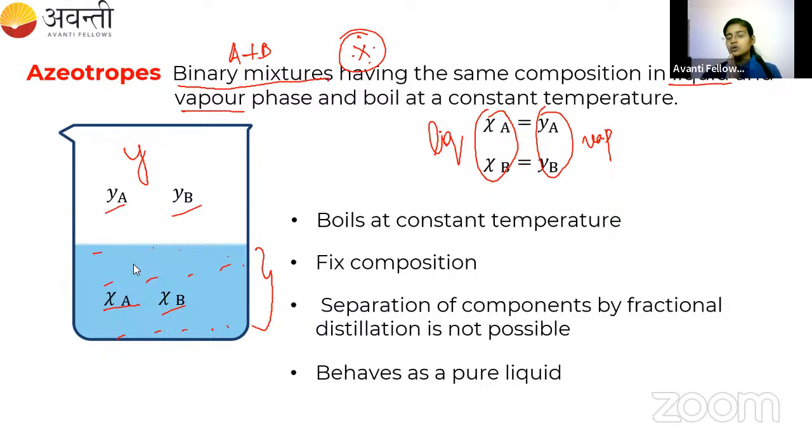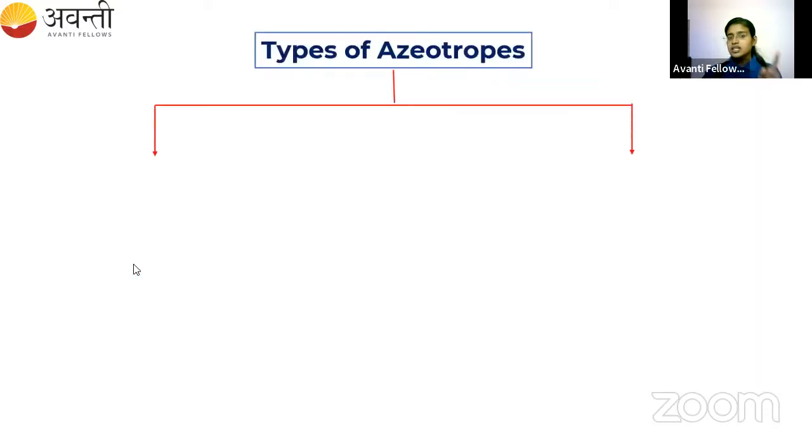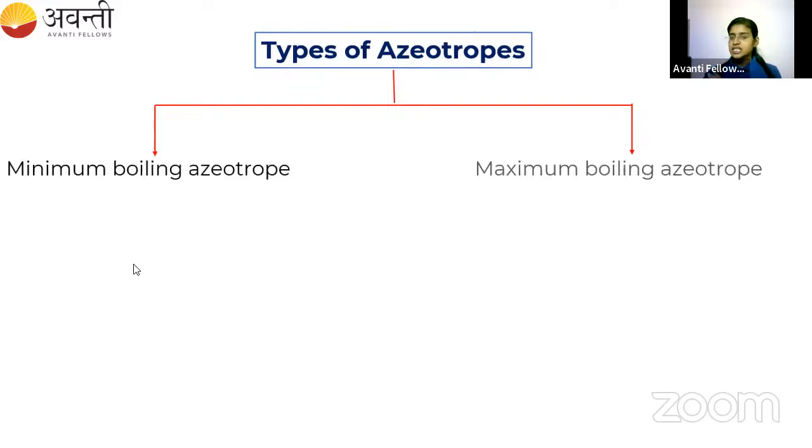Okay, students. Now, this azeotropic mixture is again classified into two, means we have two types of azeotropes. One is called minimum boiling azeotrope and the other one is called maximum boiling azeotrope. So what is meant by minimum boiling azeotrope and which solution will show this? The solution which shows positive deviation is called minimum boiling azeotrope.